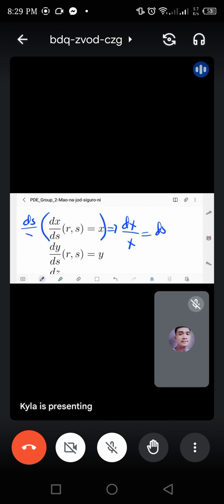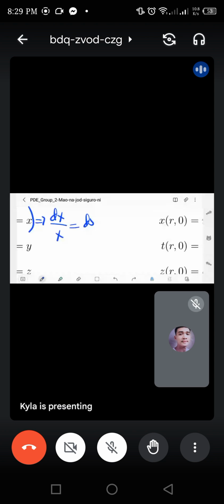And then we gather everything on the left side, the x variable, and on the right side, the s variable. So we solve this by separation of variables. It is a separable ODE. So we integrate.